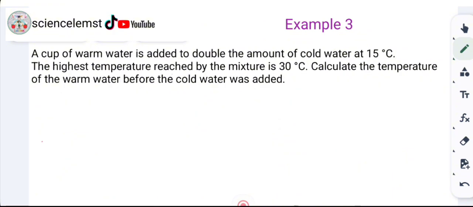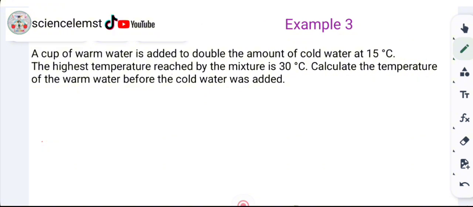Last example. A cup of warm water is added to double the amount of cold water at 15 degrees Celsius. The highest temperature reached by the mixture is 30 degrees Celsius. Calculate the temperature of the warm water before the cold water was added. This one is quite tricky because they said nothing about the value of the mass, but it's not tricky at the same time.